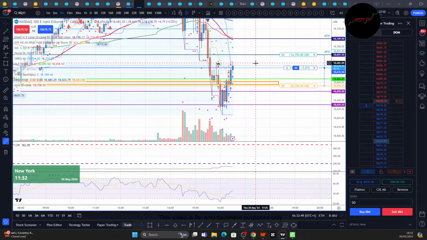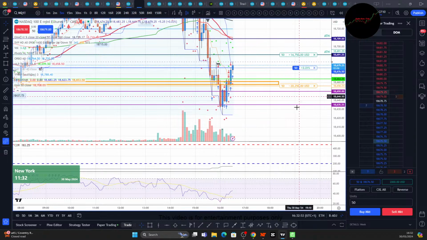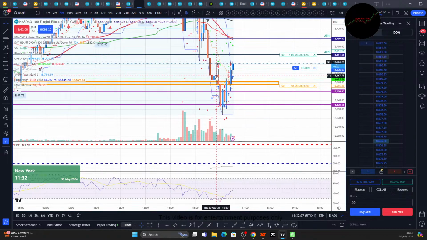Let's see if we can break these highs. It looks like we have. Look at these highs. These highs are at 87. So 87, looking for 90.